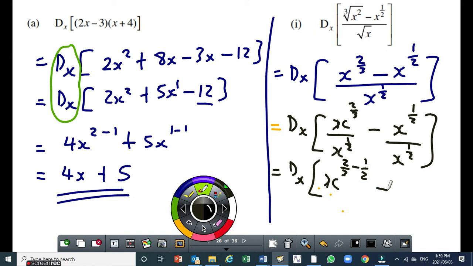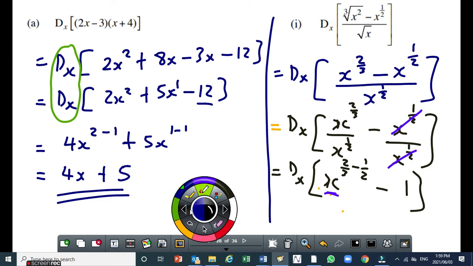Now this one here, it's very interesting because the numerator and the denominator are the same. So they cancel out and you end up having a 1. Yes. So we are only supposed to simplify this part here. So 2 over 3 minus a half is the same as 4 over 6 minus 3 over 6, which will give you 1 over 6.